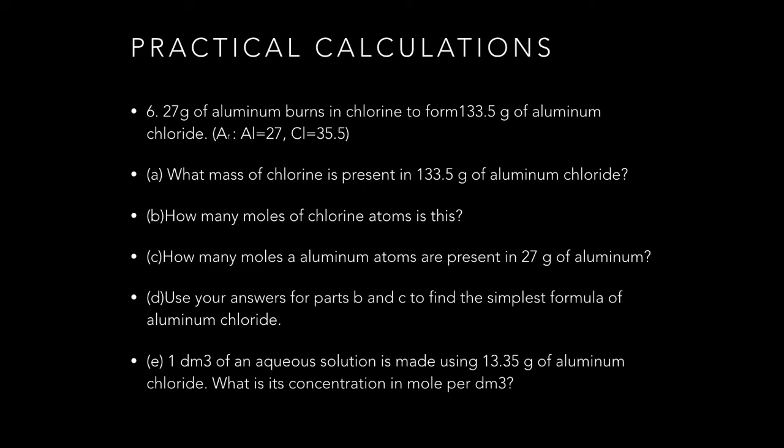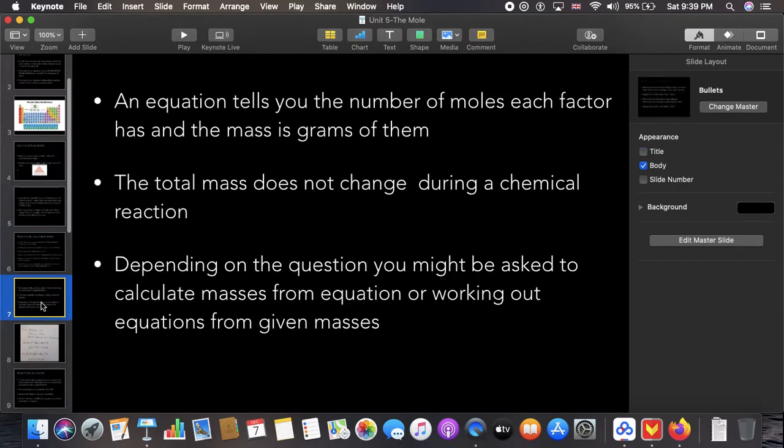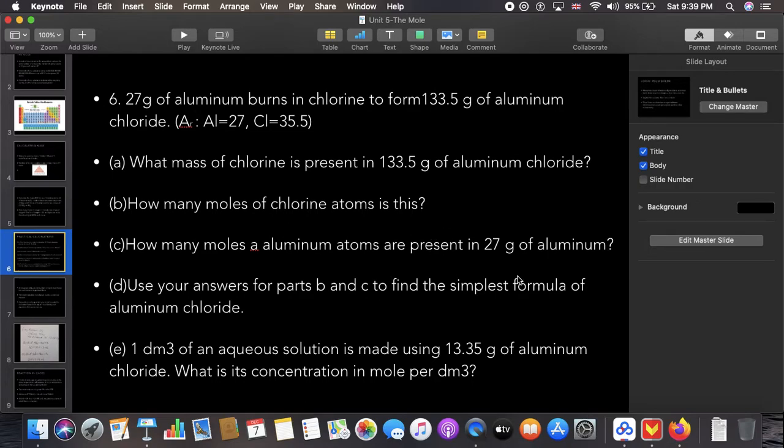Now, how many moles of aluminium atoms are there present in 27 grams of aluminium? The atomic mass of aluminium is 27, and there's 27 grams of aluminium, so you use 27 divided by 27, which is 1 mole, which means there's 1 mole of aluminium.